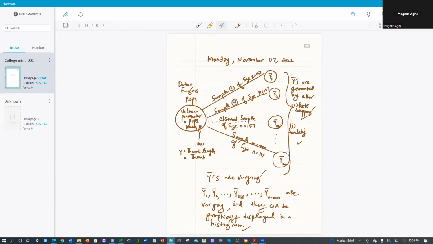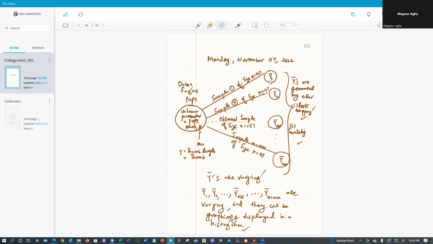This is a discussion where you have an unknown parameter, let's say the finger data, the population. I'm interested in the population thumb length, which can be inferred or estimated with the aid of one sample. But later on, we broadened our knowledge and decided one sample is not enough for our best estimate. That's why we went to several samples. Based on them, we have different sample means, and that variation has to be taken into account.